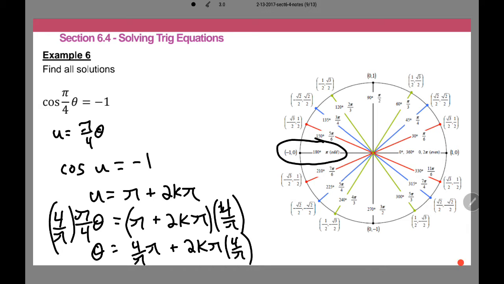So that means my first part, the pi's cancel out and I'm left with 4. The second part, the pi's cancel out again and I'm left with 2 times 4, which is 8k. So theta would equal 4 plus 8 times whatever integer value for k. So k is an integer, however many times we go around the circle.